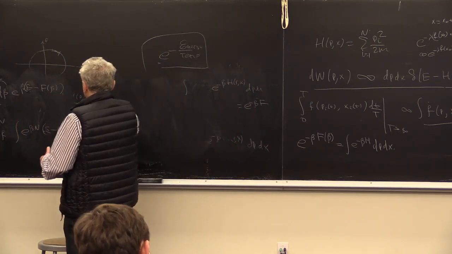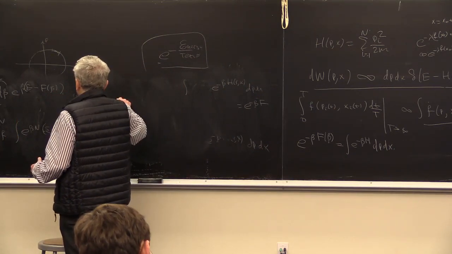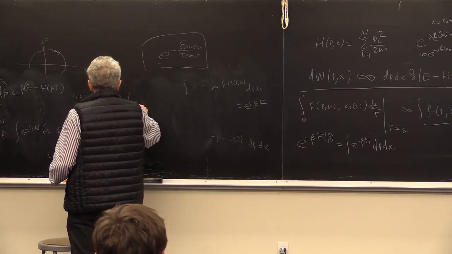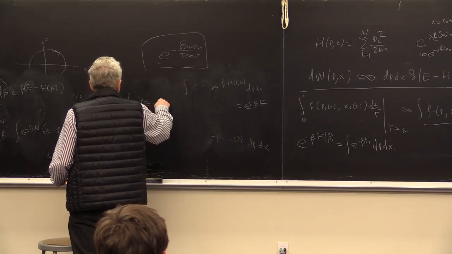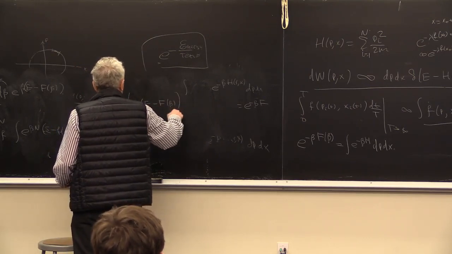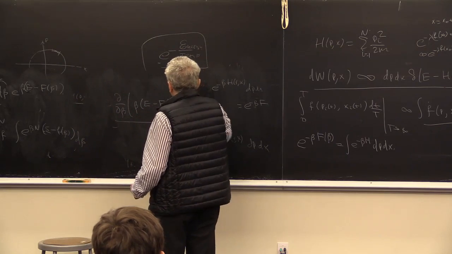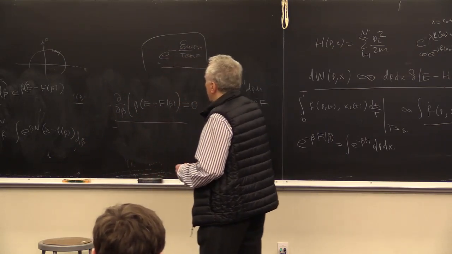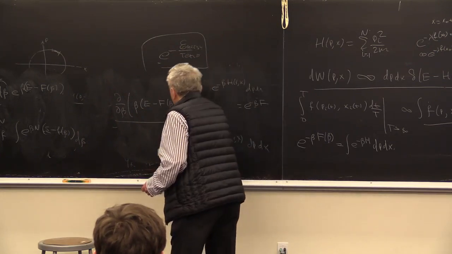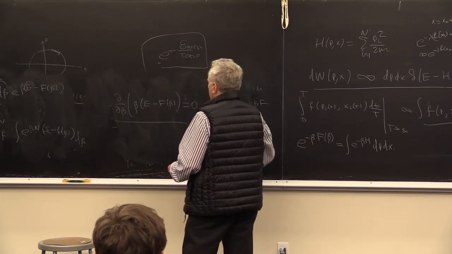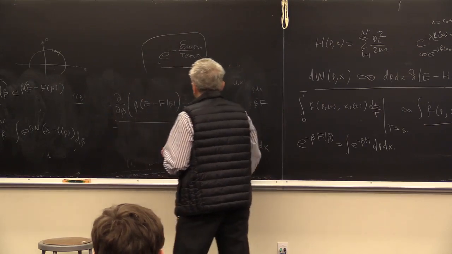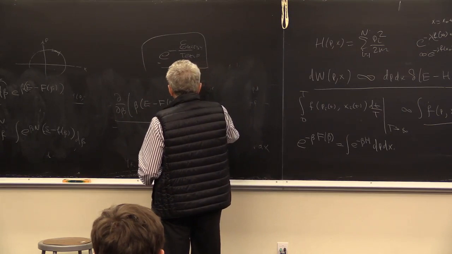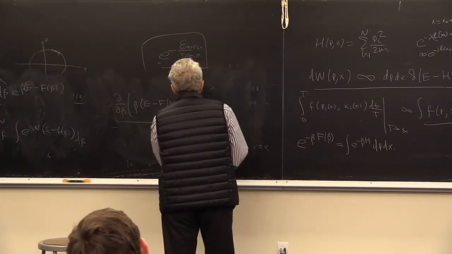So all you have to do is take the minimum over beta of e to the minus beta f, and set the derivative to 0. That gives the relation between temperature and beta. So let's see what kind of relation this is.